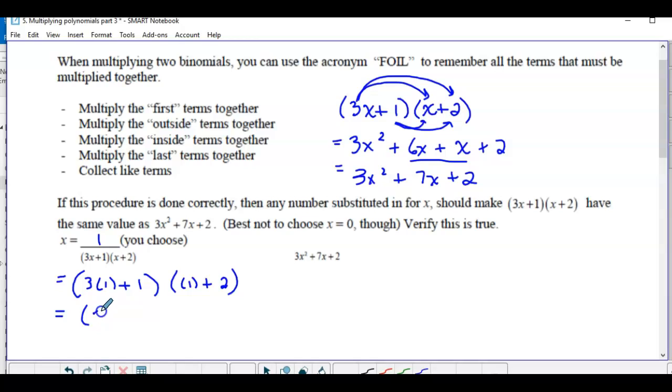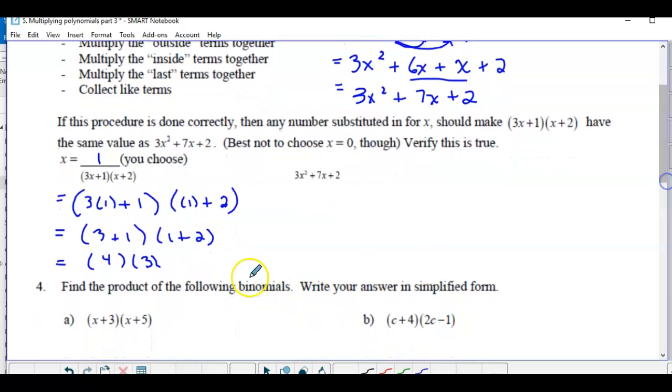So that's going to be 3 plus 1 times 1 plus 2. I just got rid of the brackets, so really you don't have to show that step. And now you need to show 4 times 3, and that's 12.